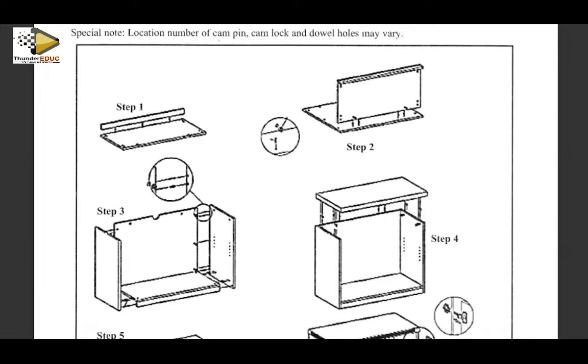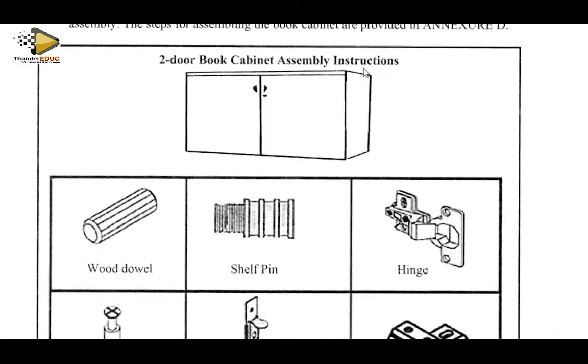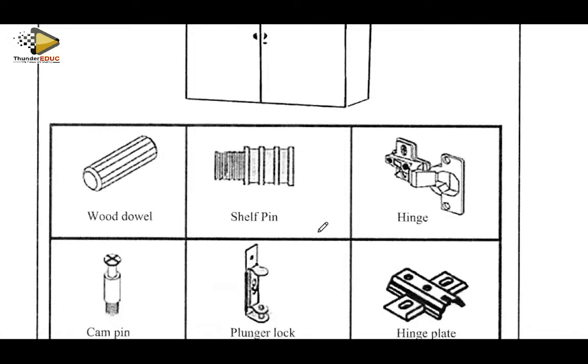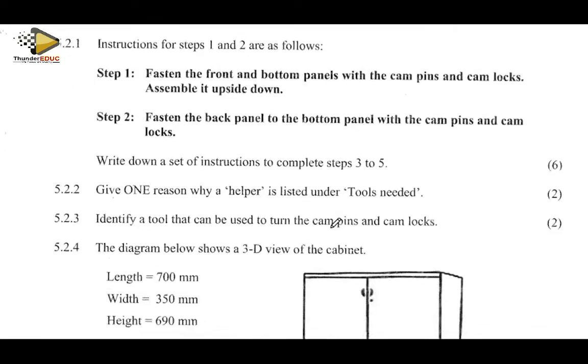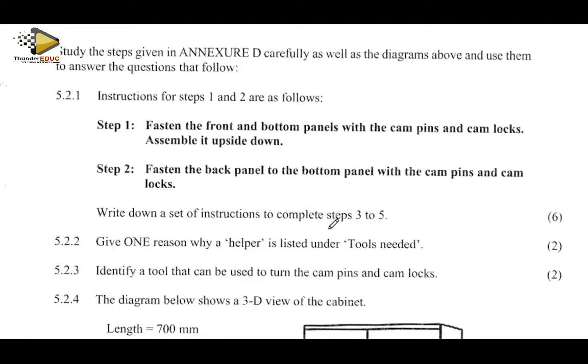Right? So here we go. We shall come down and look at the items that we have. Study the Annexure D carefully, as well as the diagrams above, and use them to answer the questions that follow.